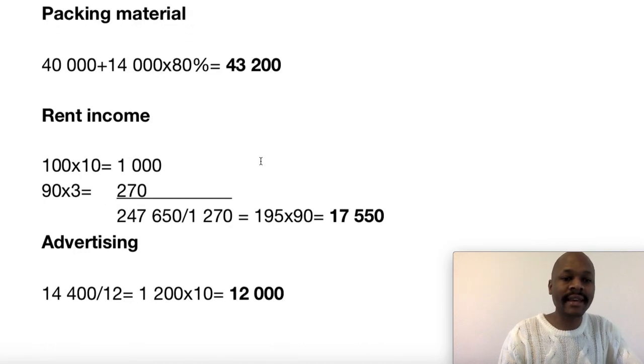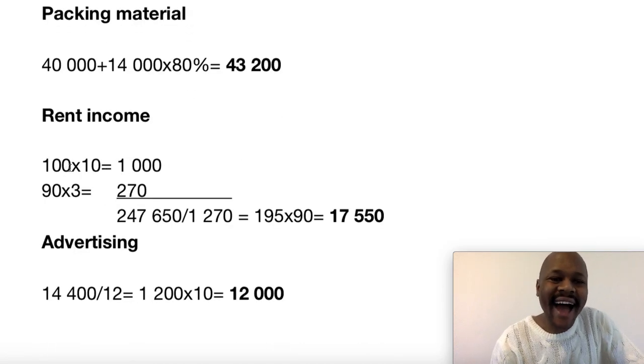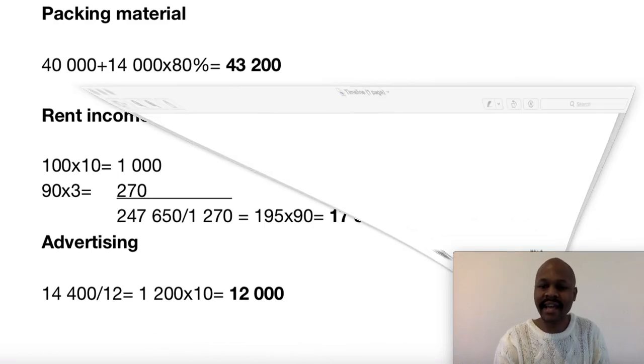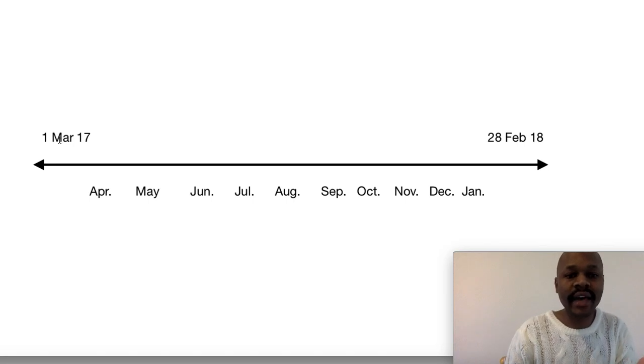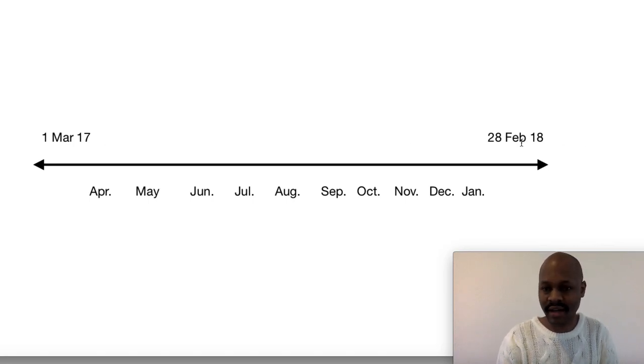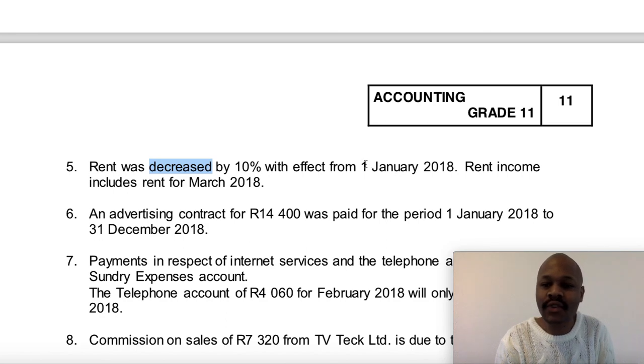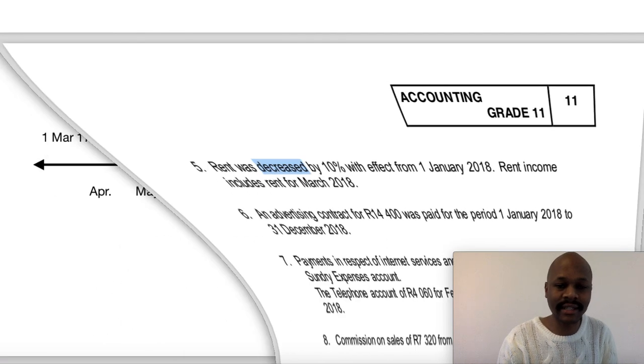We will simply say you received 100% for how many months? Let's go to our timeline. Here we have March until February. When did this decrease happen? This decrease happened on the 1st of January 2018.